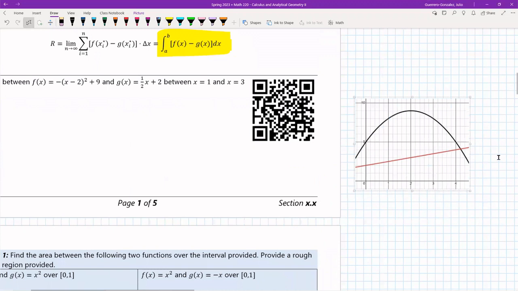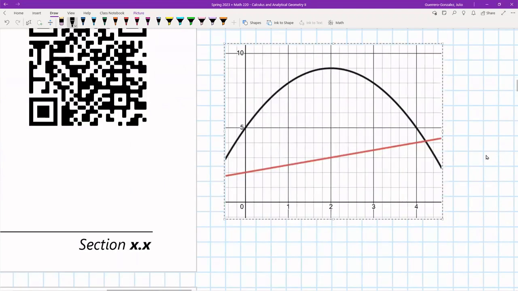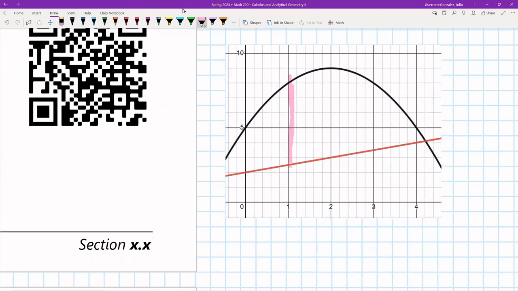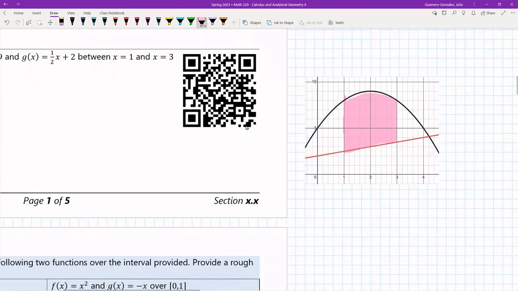So let me zoom in on it really quick. We are looking for this area right here. So I'm going to highlight it in pink just like I did before. We want this little piece right here up to right there about. So this is what we're looking for, okay? Okay, so let me zoom out. Let me bring it back to our notes.